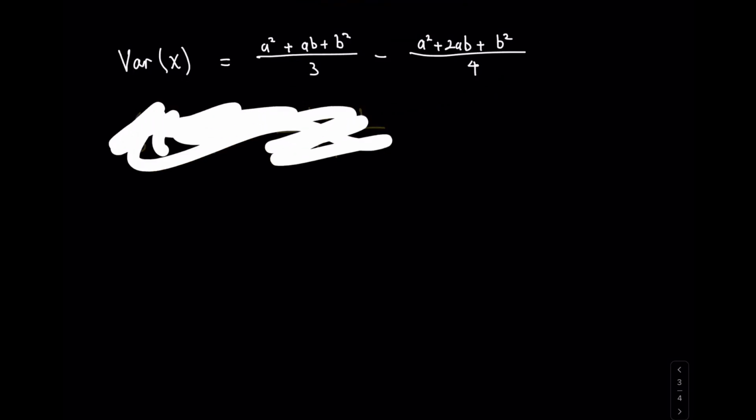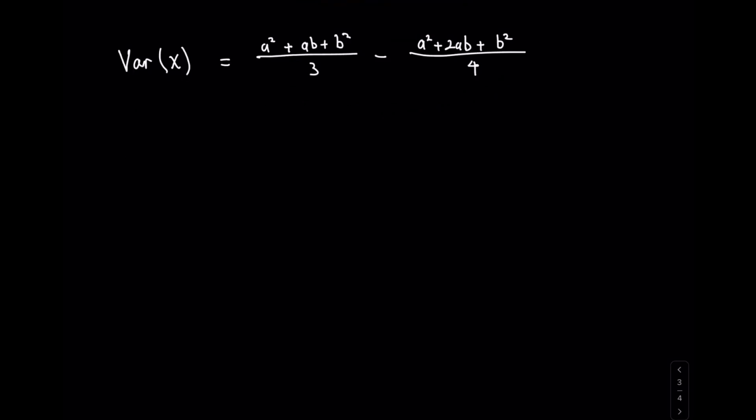So if I put this back here, to turn this into an expression, we've got 12 down the bottom here minus something over 12 down the bottom here. To turn the 3 into a 12, we need to multiply the numerator and the denominator by 4. So you've got 4 times a squared plus ab plus b squared.